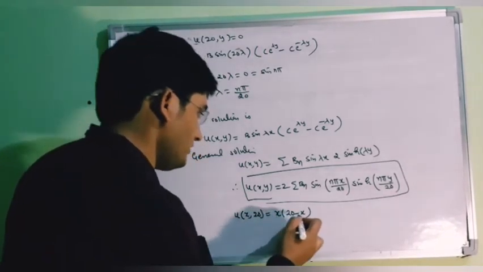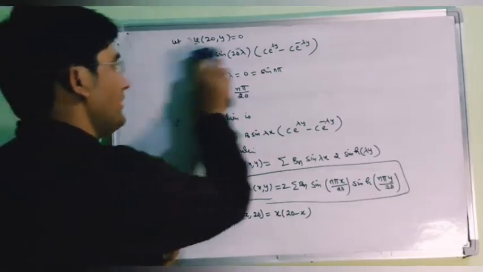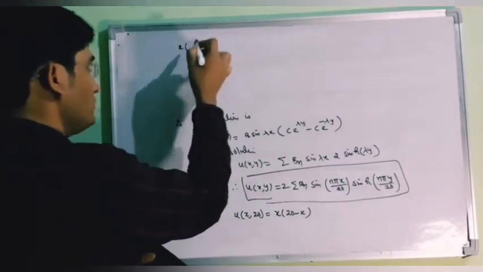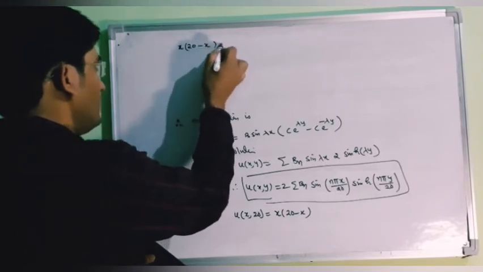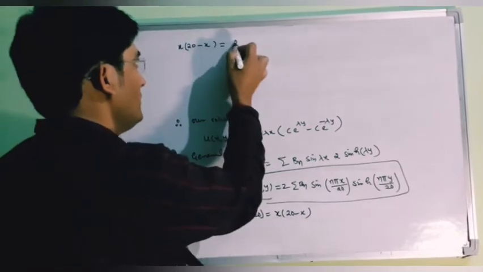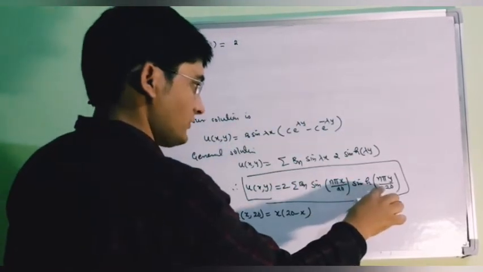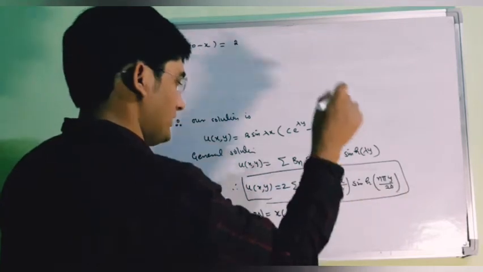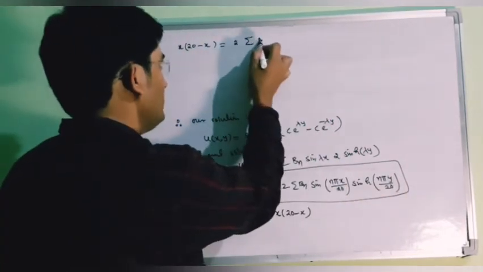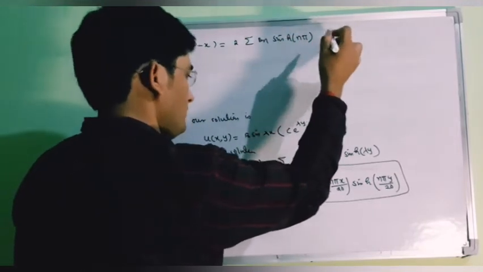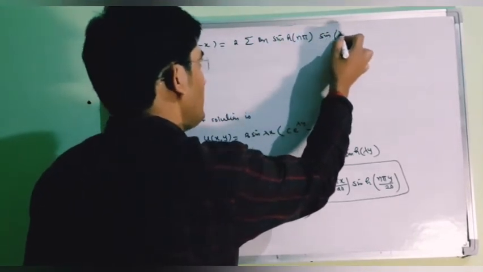So on the left hand side we will have x(20 - x), and on the right hand side we have y as 20, so sinh nπ. So we will have bn sinh nπ and then sin(nπx/20).